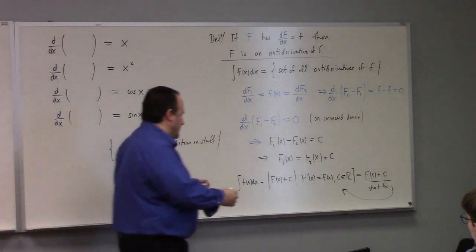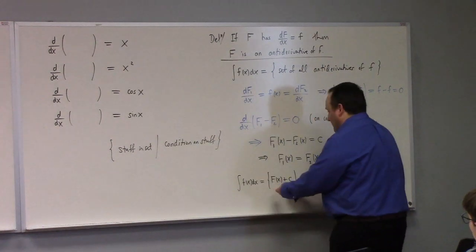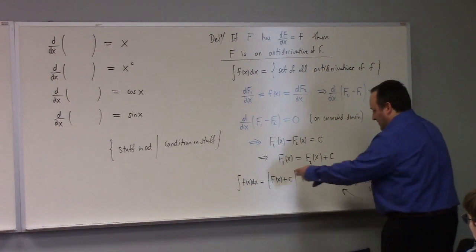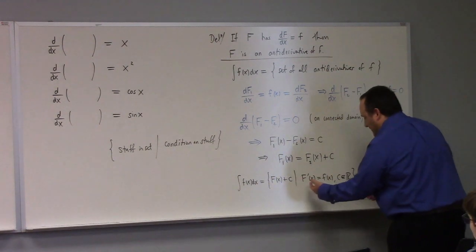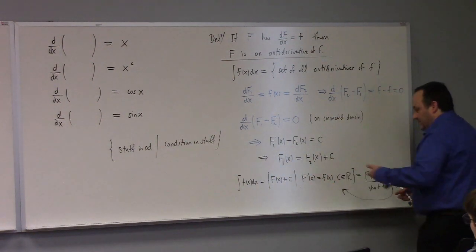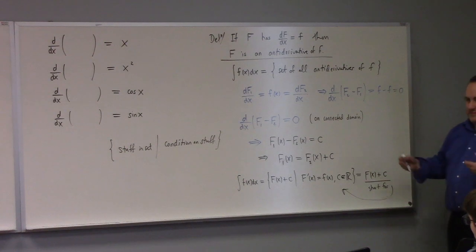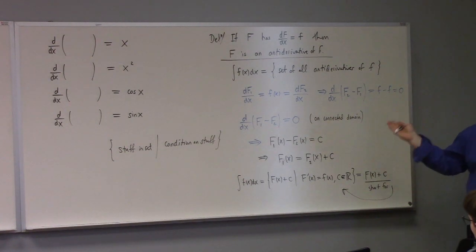The things in the set are functions of this form, and the condition that makes them the particular form we're interested in is that the derivative of big F is little f, and c is just a real number. It's called set builder notation or roster notation.